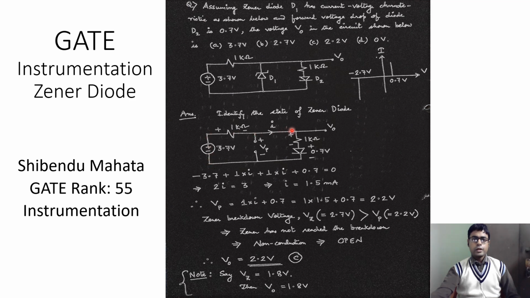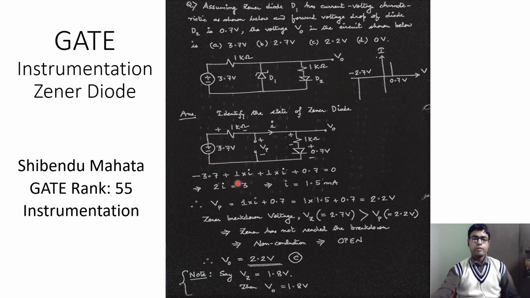This is a very simple circuit, given that it is a single loop, and we can assume that the current flowing through this loop is small i. Using KVL, we can frame the loop equation as negative 3.7 plus 1 kilo ohm times i plus 1 kilo ohm times i plus 0.7 is equal to 0.